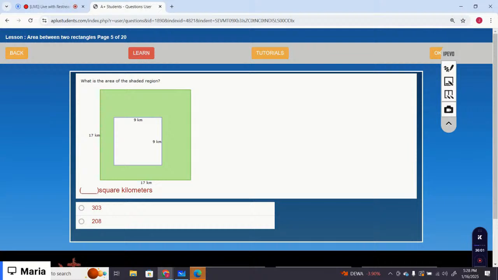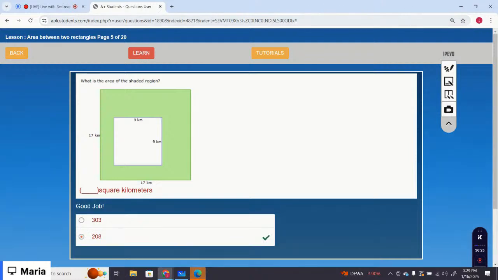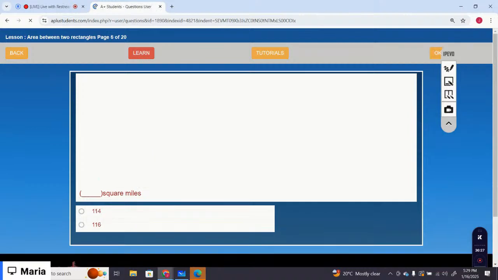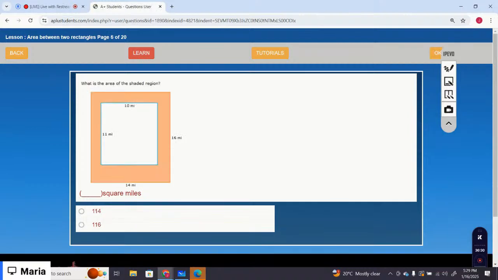What is the area of the shaded region, which is the correct option? Option number two is the correct option, that is 208. What is the area of the shaded region, which is the correct option?